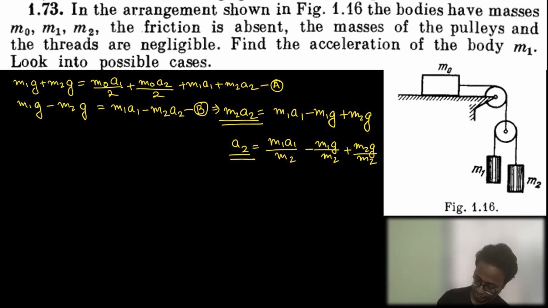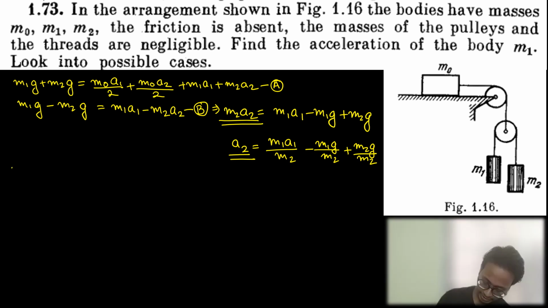Now I have to substitute this m2 a2 out here and a2 out here. From equation b I obtained two parameters. I have to substitute these parameters, m2 a2 out here and a2 out here. So let us take all the terms that are out here.